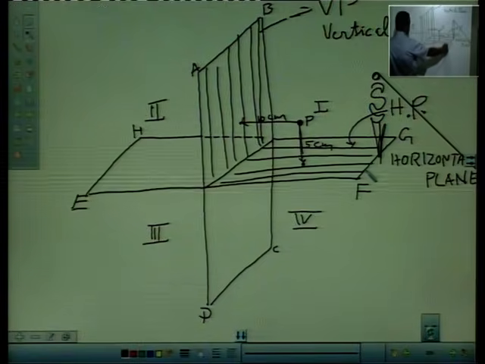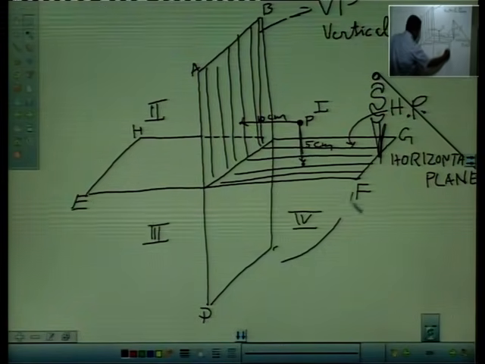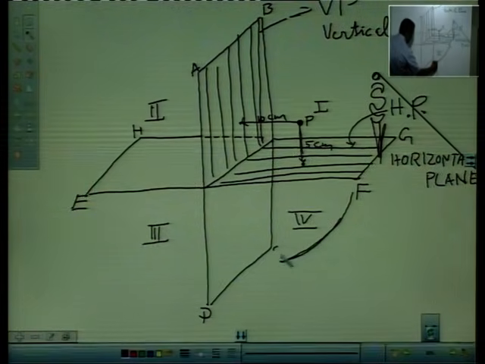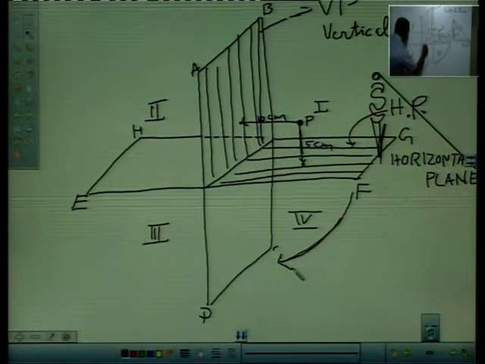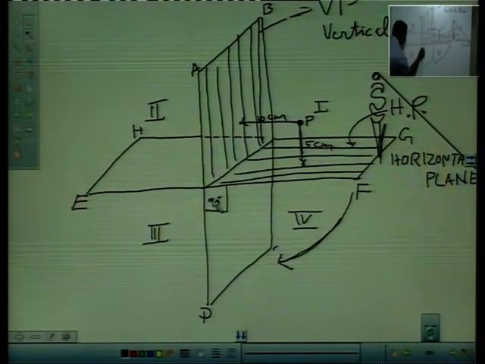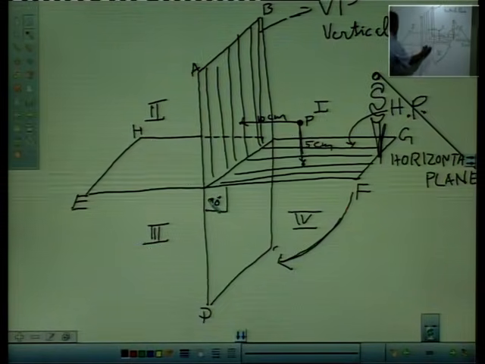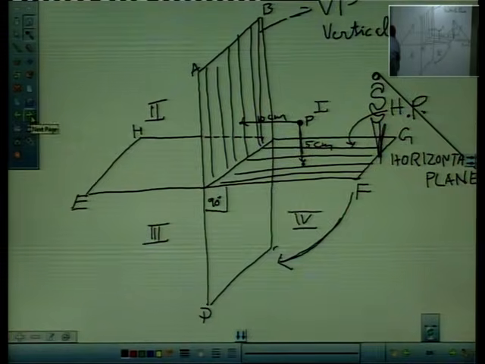This plane will come like this, so here is a 90° turn. So, this will come parallel to this surface. So, on the drawing sheet we will have it like this.